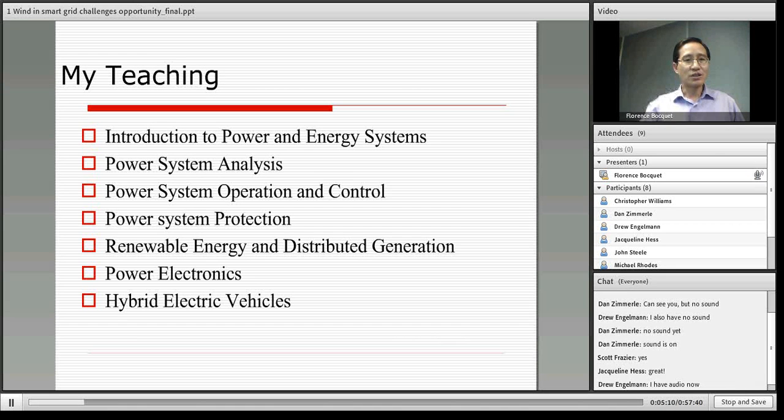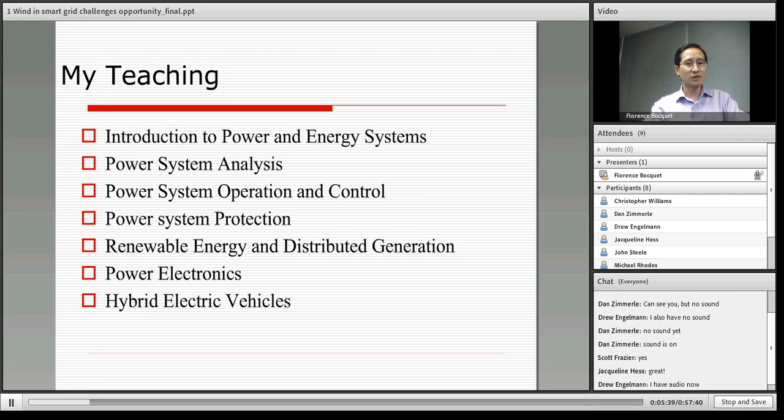And my teaching, right now I'm at University of Denver. I'm the primary faculty, or you can say probably the only faculty in the power and energy areas. So I came to University of Denver in 2010, and I developed a whole curriculum in power and energy systems, and we have 5 or even 6 courses.